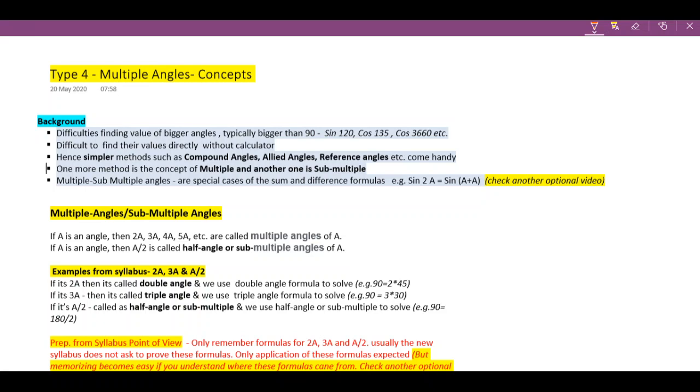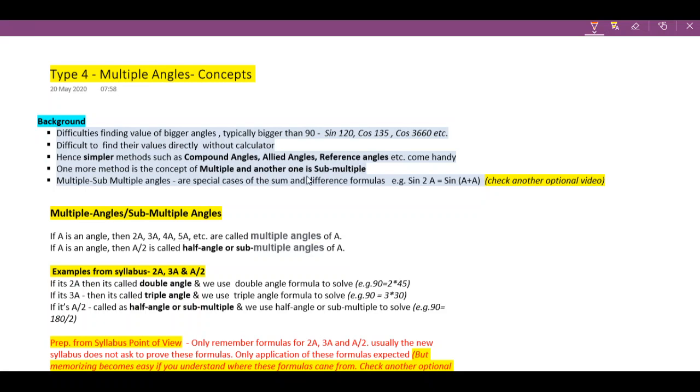In the past videos, when we started out with trigonometry, in the first session we were using compound angles, then we moved on to allied angles, and now we're talking about multiple angles. The fundamental difference is whenever you are given an equation or an angle which is significantly larger in size, you're going to find difficulties in calculating the values of the angle if the angle is too big.